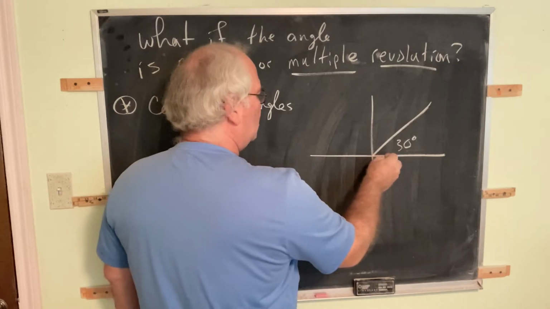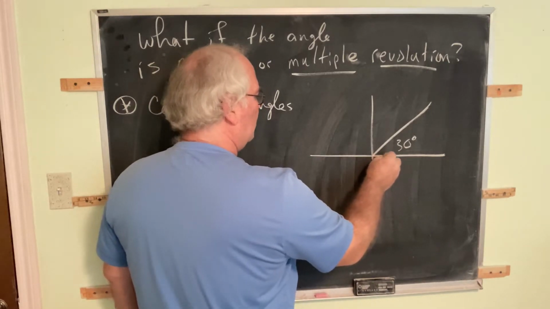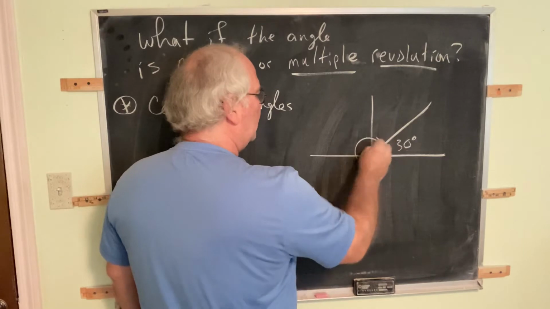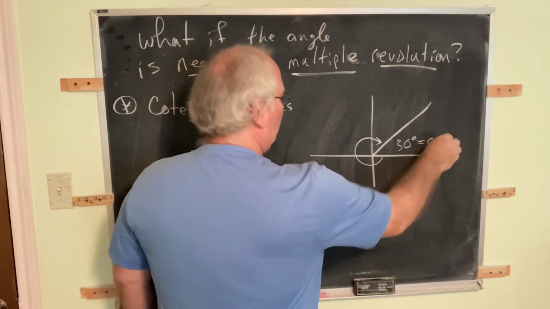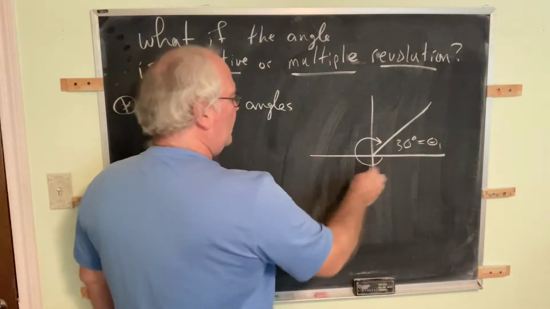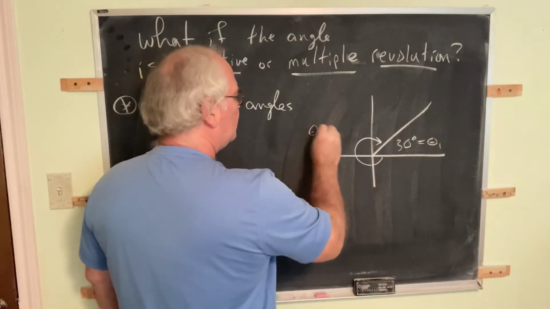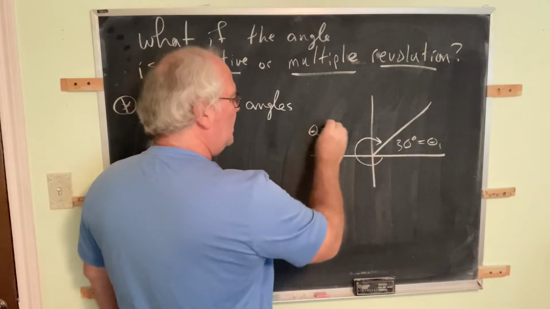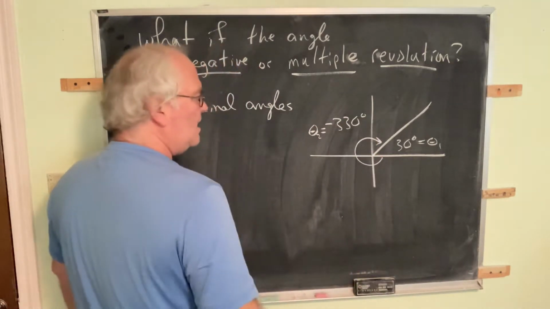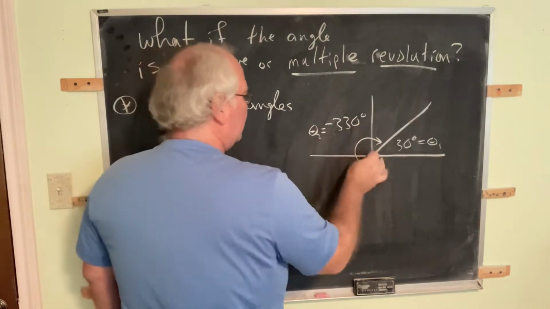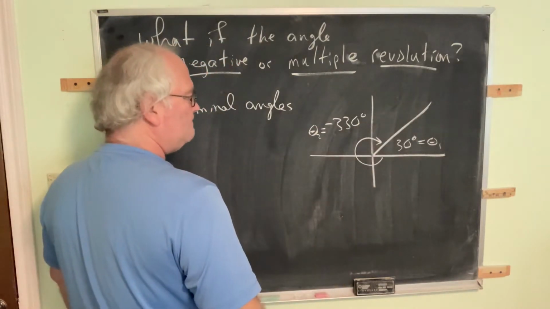For example, if this is theta, call this theta number 1. Then theta number 2, that's coterminal, this is negative 330 degrees. Those are coterminal angles because they have the same terminal side.